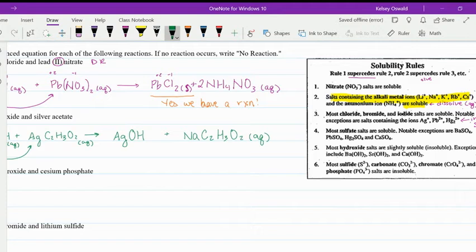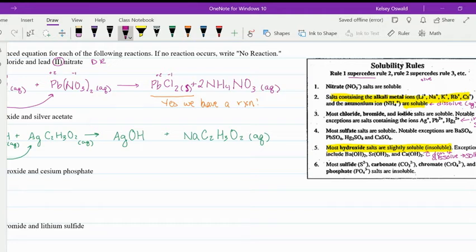The first rule that kind of pops up here is going to be rule number 5. So that says most hydroxide salts are insoluble. So that means most things with the hydroxide do not dissolve. If they do not dissolve, they're insoluble. That means they're going to form a solid.